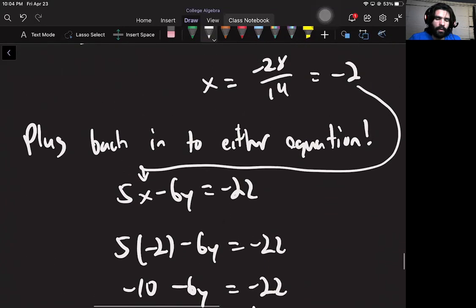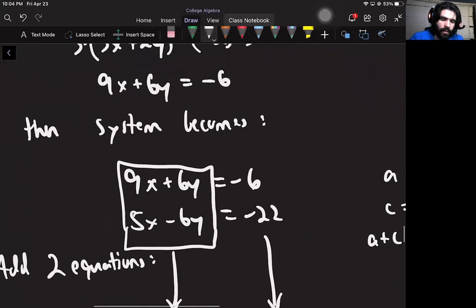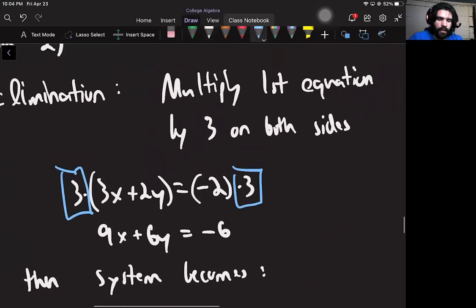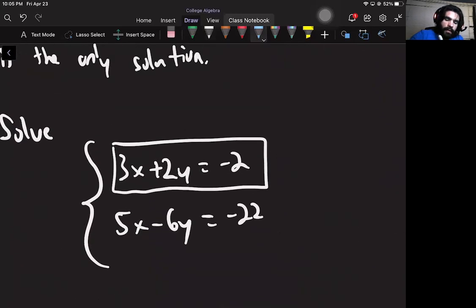Now, you don't always have to use the number 3. So now we can sort of look back and see why I chose to multiply by this 3 here. It wasn't just a random number. It was because I noticed that if I just multiplied this by 3, it would become the opposite of this number, and then they would cancel when I added the equations.